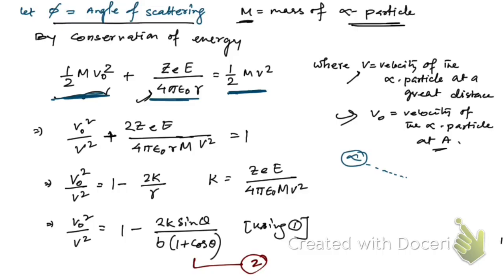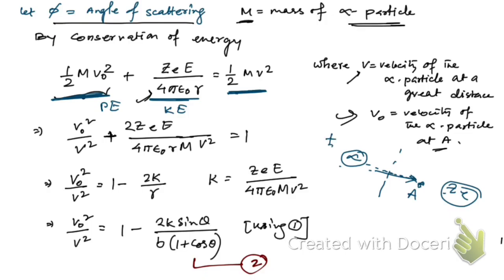When it comes under the influence of the nucleus, there must be a change in kinetic energy, and it must have potential energy as well at this point A. So kinetic energy plus potential energy is equal to the total energy it had before it comes under the influence of Ze.